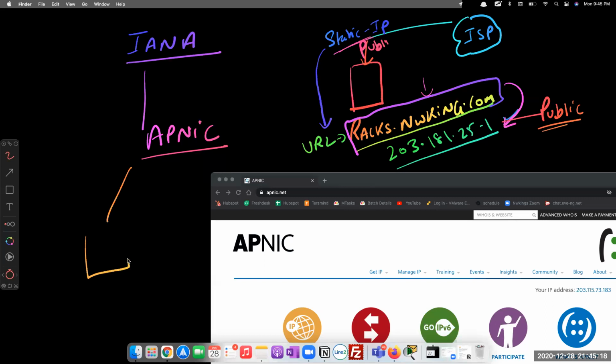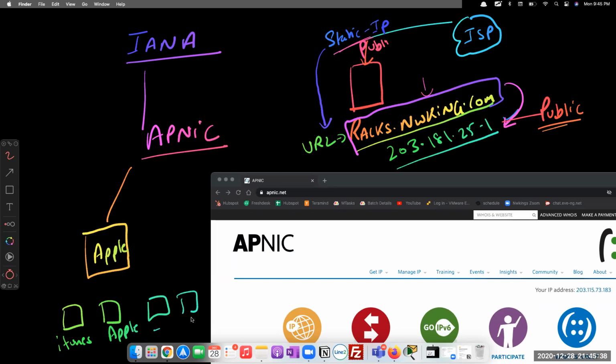If any big company is going to buy an IP, suppose you work for Apple. They have a lot of servers like iTunes, from where you can stream music, like Apple Cloud, where you can store your images, or maybe Apple TV. There are a lot of Apple servers so that users can access them from the internet.